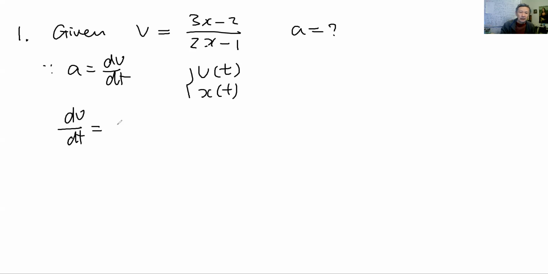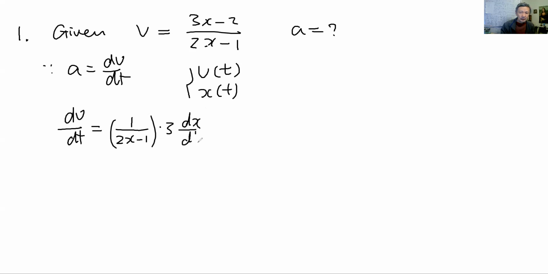I treat it as u times v. Hang on, I don't want to confuse it, because v has been used for velocity, so be careful. I keep one factor and differentiate the other. Differentiating gives 3, but be careful because x is a function of time, so you have dx dt.